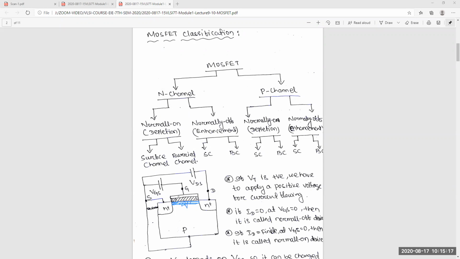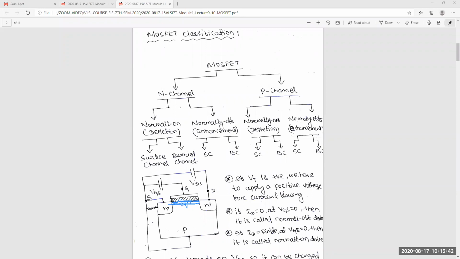That's why it is called a buried channel. Due to that, current flows in this channel, throughout this region, with all the charges. This is called a buried channel. This is the only difference: surface, at the surface, versus buried, with some distance. This is the region we have to dope with electrons.